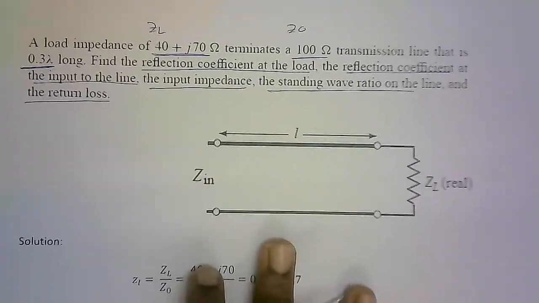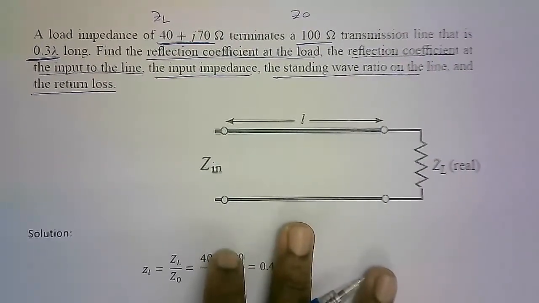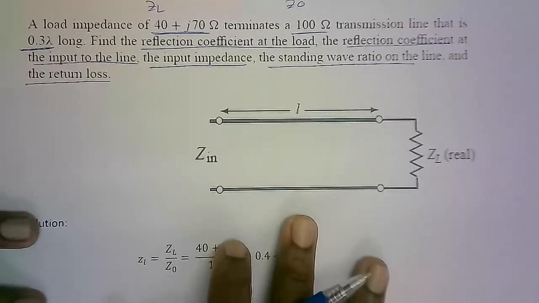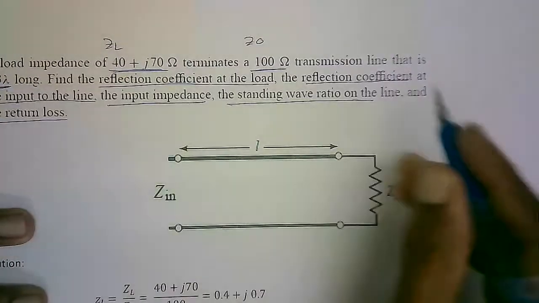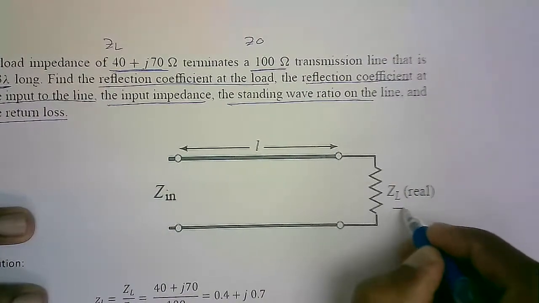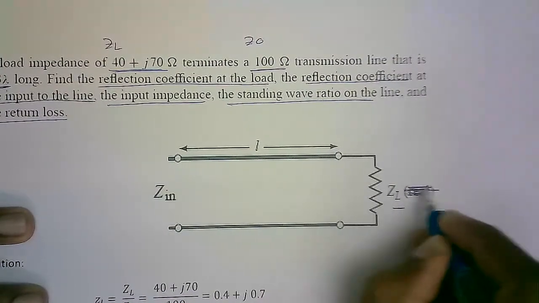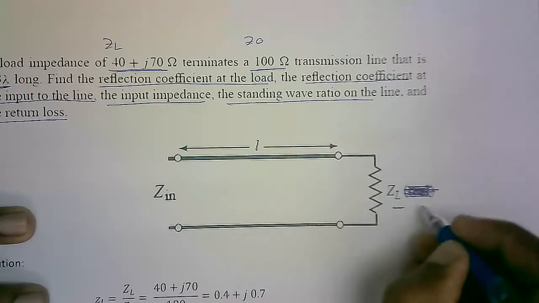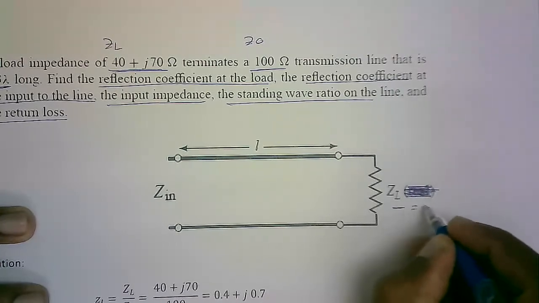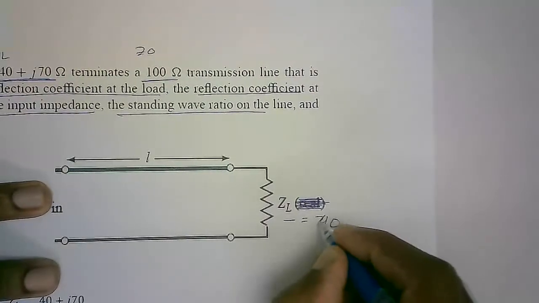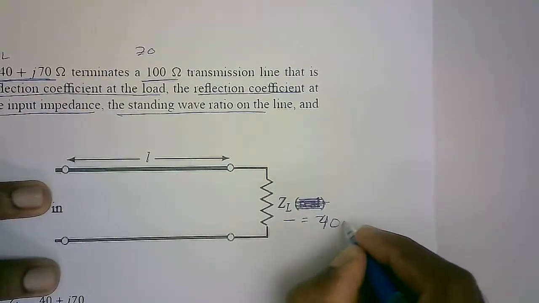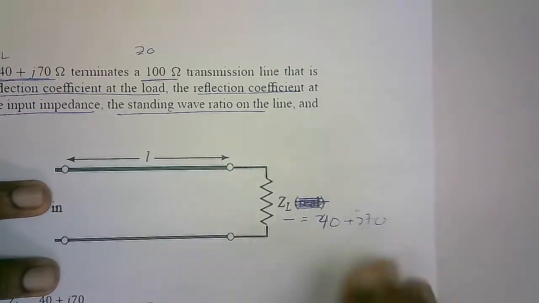We'll find it the same way as we did. Now here we are, where this is ZL given, right? It's not the real part actually. You can give anything. Okay, so ZL is given as 40 plus j70.